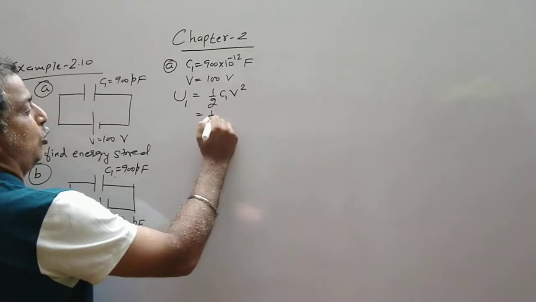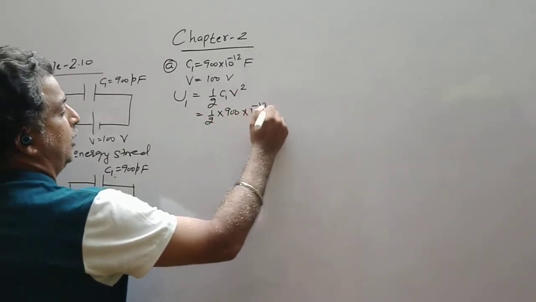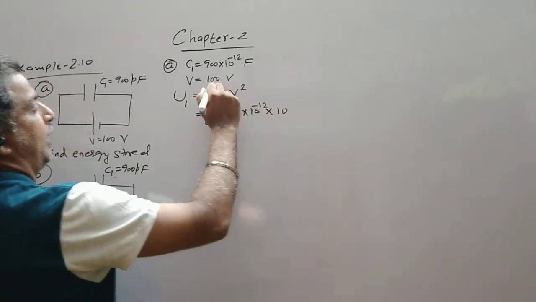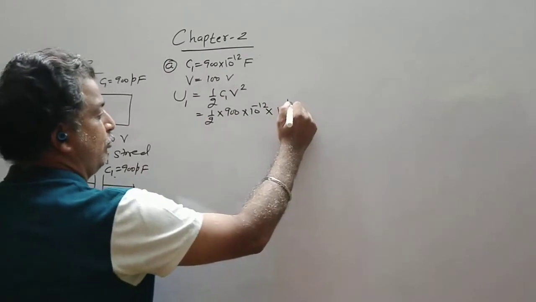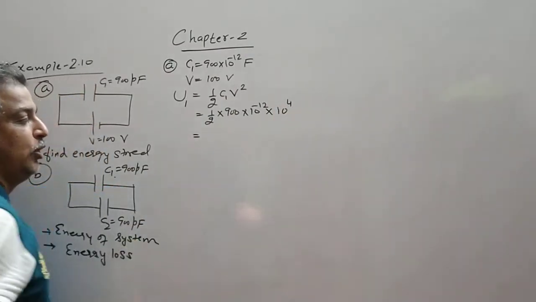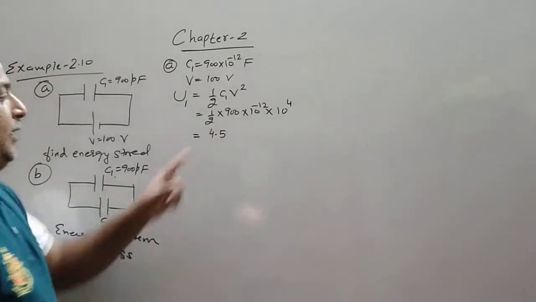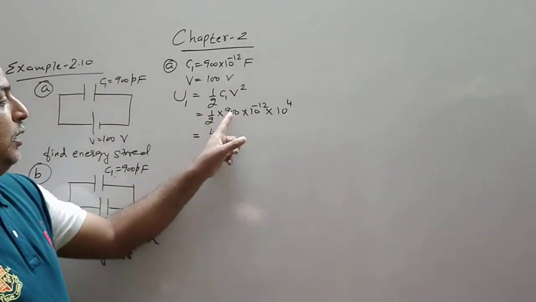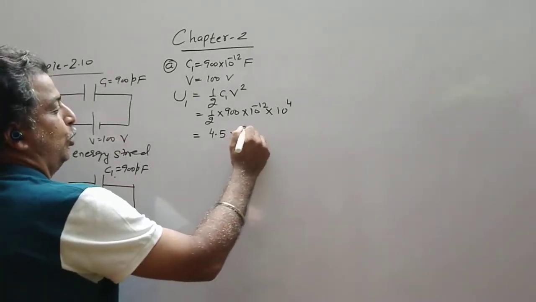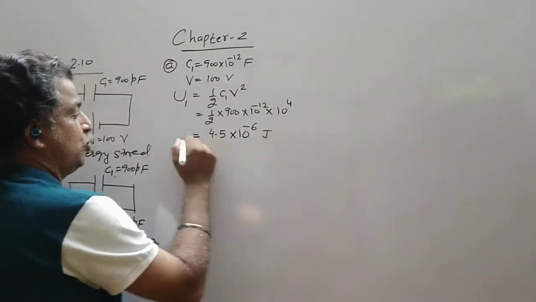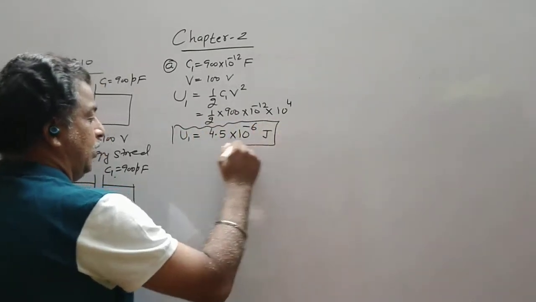So this is equal to half into 900 into 10 raised to minus 12 into 100 square. 100 can be written as 10 square, so V square is 10 raised to 4. So this is equal to 4.5, that is 9 divided by 2, all zeros taken together. So 4.5 into 10 raised to minus 6 joule. So this much energy is stored in C1.